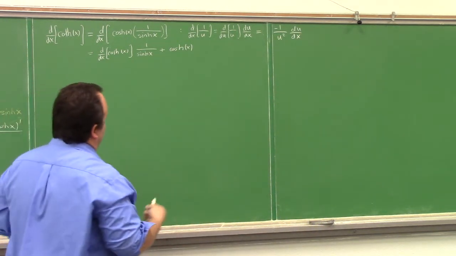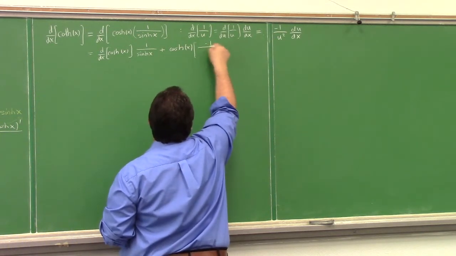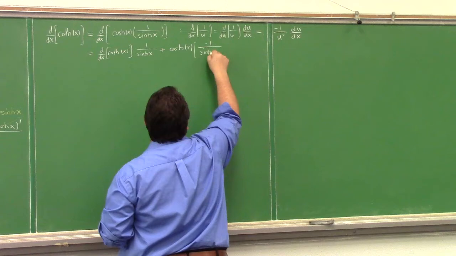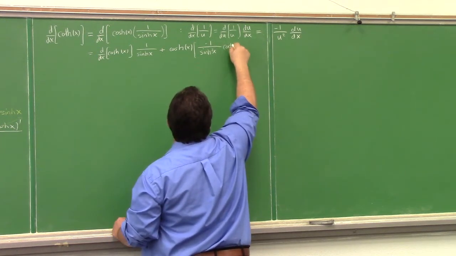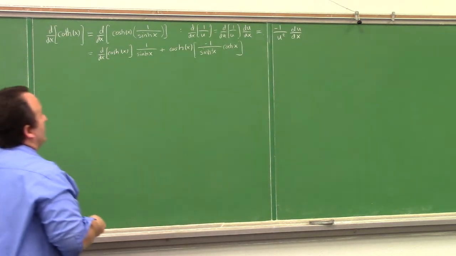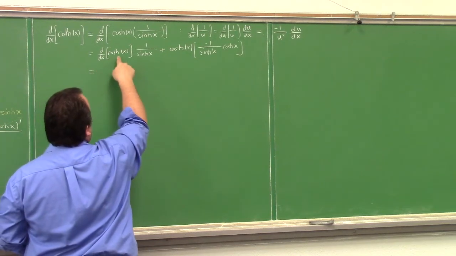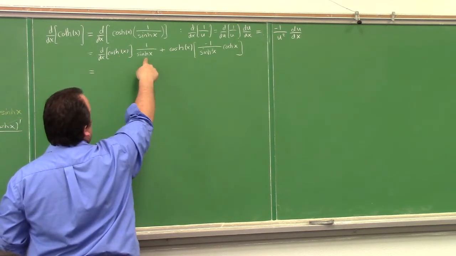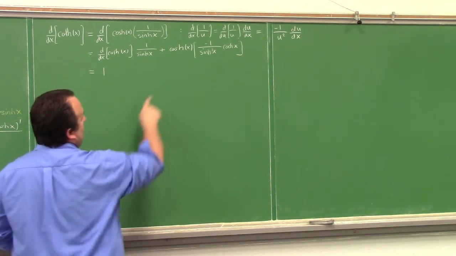So applied to 1 over sinh, we've got minus 1 over sinh squared times the derivative of sinh, which is cosh, right? And so what do we have? This is sinh, right? Sinh over sinh is 1. So this is 1. And that's what?